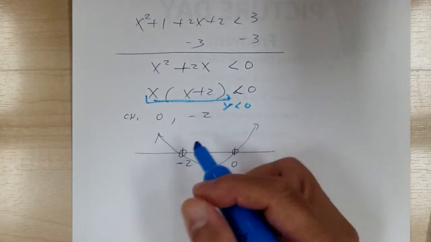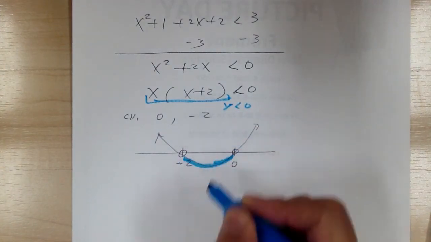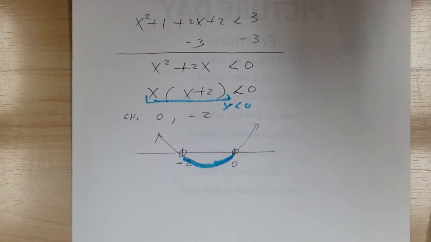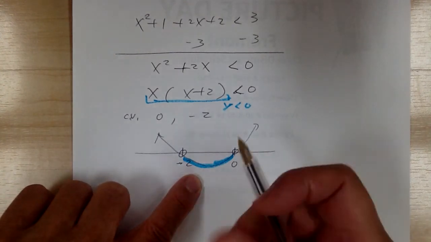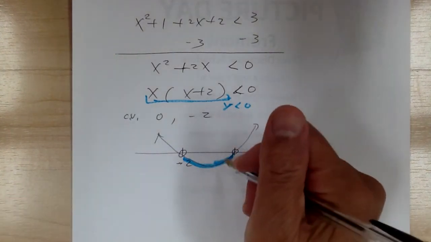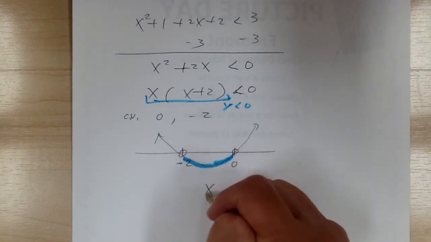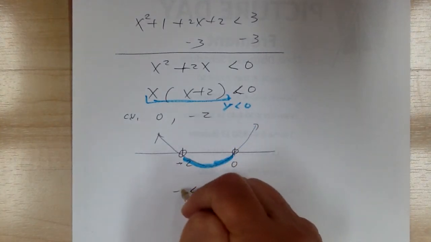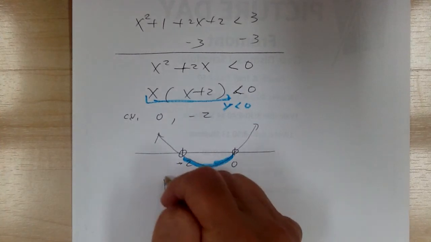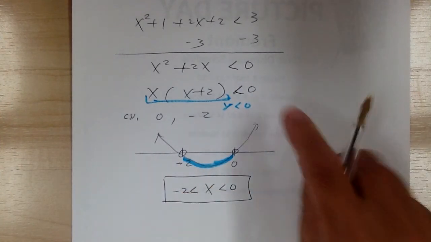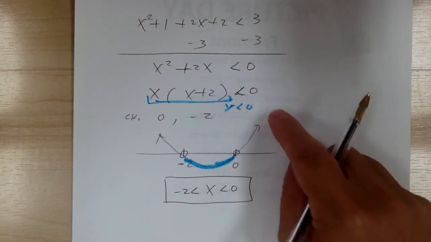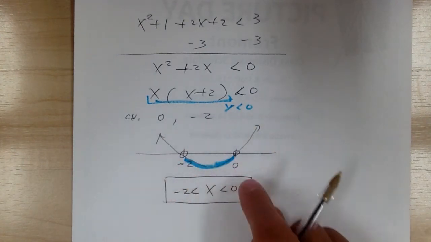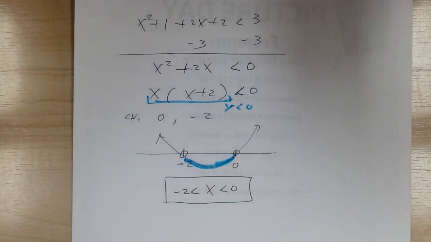So you're looking for this part right over here. Okay, so for this part you have to switch back to the x. So for the x, this part would be x is less than 0 and is greater than negative 2. So again, when you have quadratic inequalities, you have to do the curvy line thing and kind of figure out which part is the one you want.